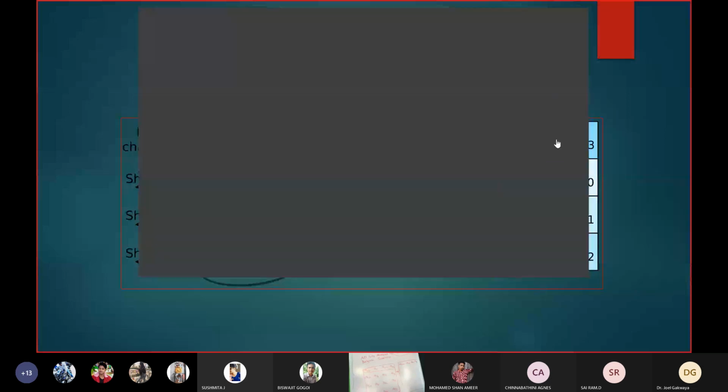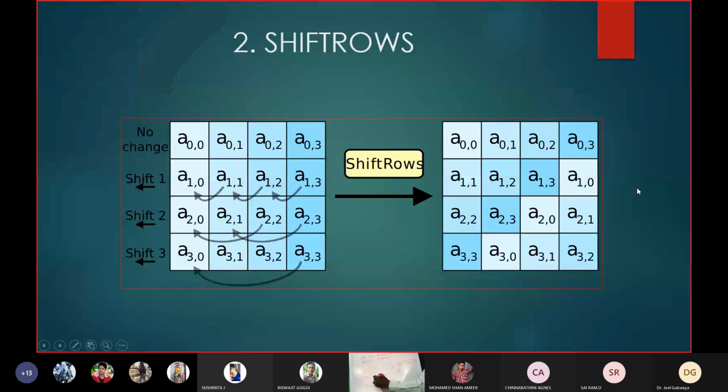Look here, here was A10, A11, A12, A13. This is going to shift here, this is going to shift here, and the last one is going to come here. We are going to shift one step from right to left. So here we're going to have A11, is it A11?